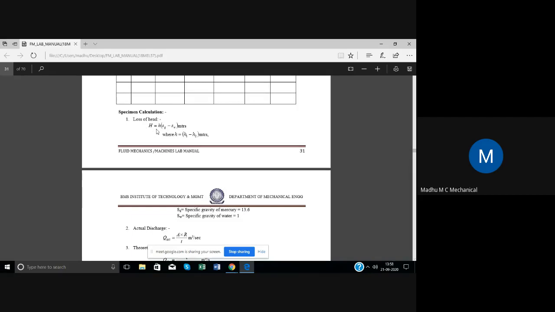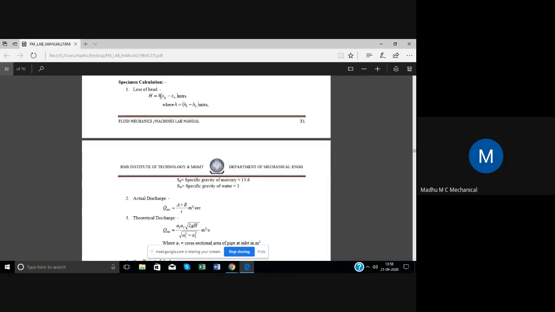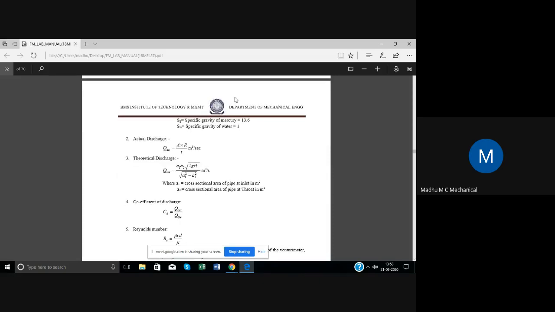Capital H, head loss, equal to small h, manometric reading, into Sg of mercury, 13.6, minus Sg of water, which is 1. So H into 12.6, since 13.6 minus 1 is 12.6. Find out head loss.